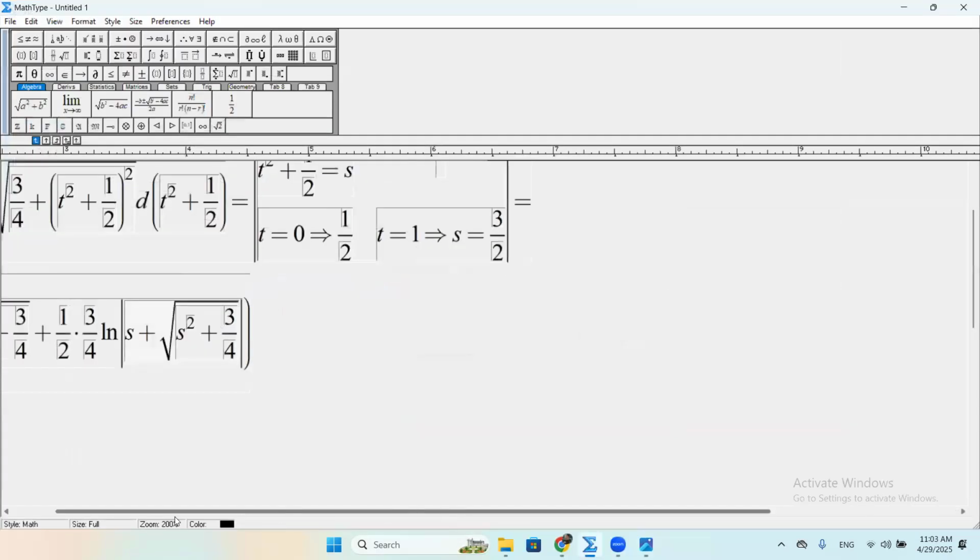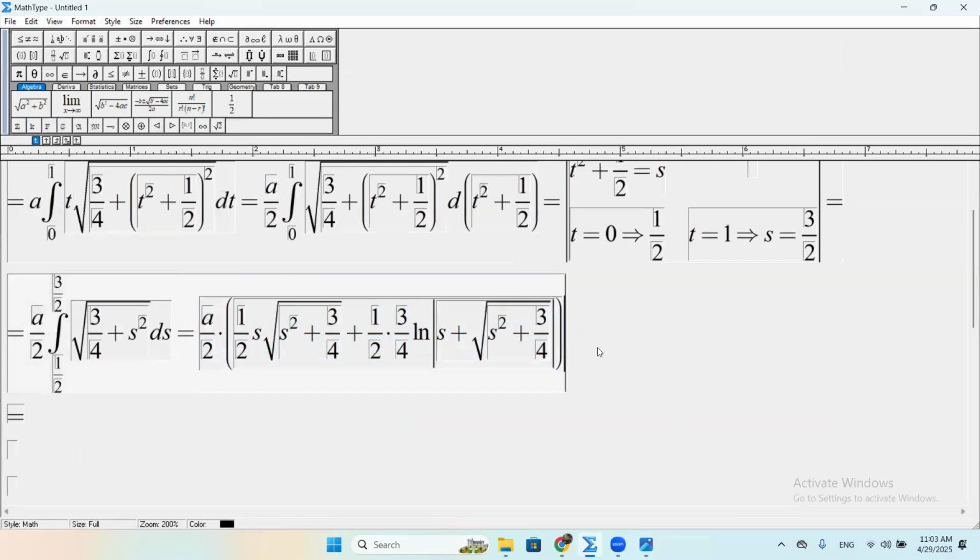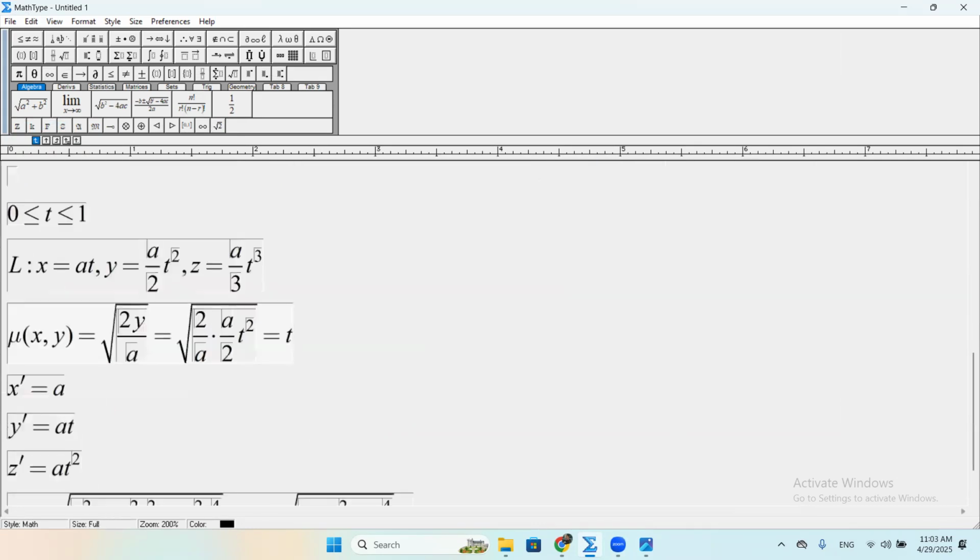And now we can calculate it from 1 over 2 to 3 over 2.